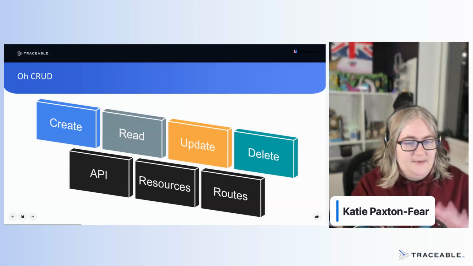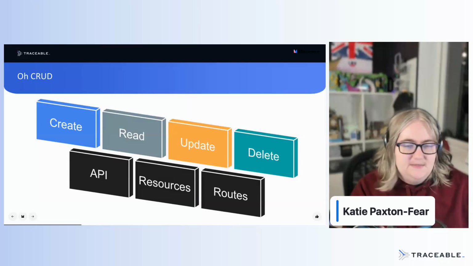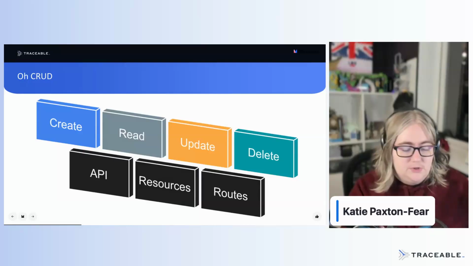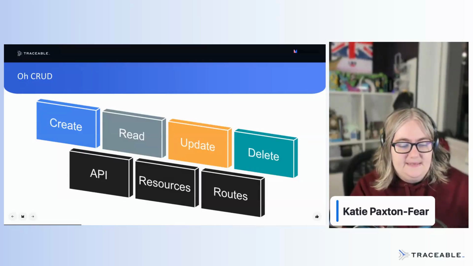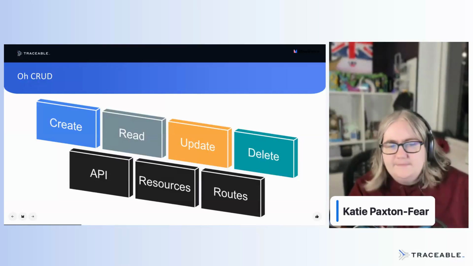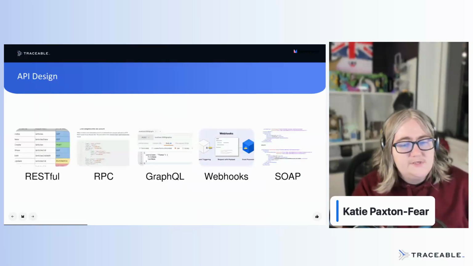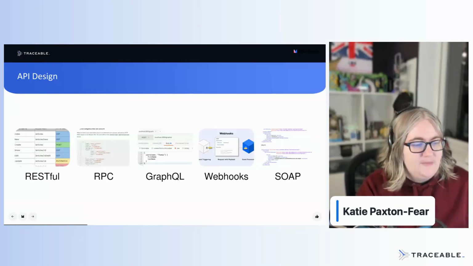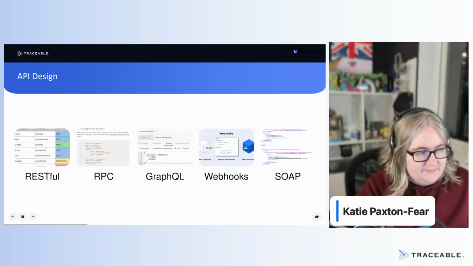If you think about typical APIs, think about Twitter, you can log into Twitter. You have a user resource, you have a tweet resource, you have a like resource, and all of that comes together to form the API. There's a bunch of different ways that somebody can design APIs, and there are different philosophies around it.